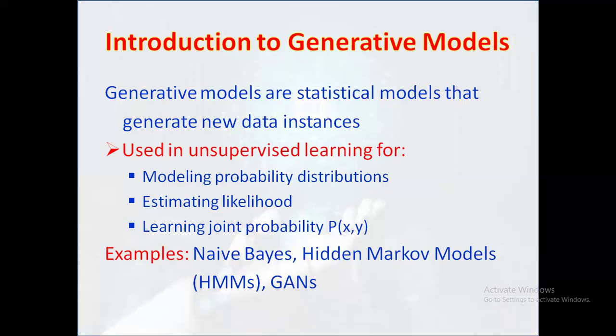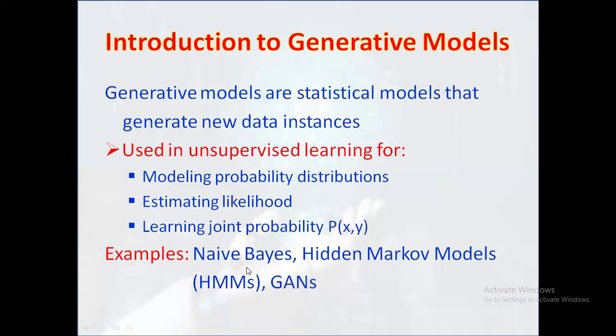Next, learning the joint probability, that is P of x, y. It means capturing the relationship between input variable x and the corresponding label or output y. This is fundamental in probabilistic modeling as it forms the basis for predicting outputs from the inputs.